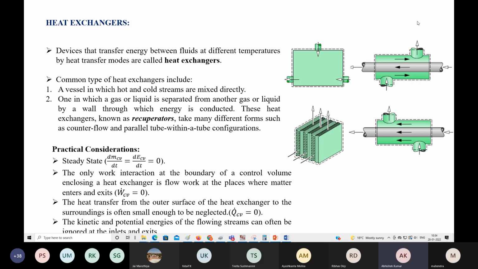Same like that, here masses are not mixing, but because of the metal to metal interaction of both the fluids, from high temperature to low temperature, the energy transfer is happening, heat exchange. In those applications also, no work is involved over here. Yes, sir, no work involved over here. That's why work terms are zero. So like that we are considering different equations over here.